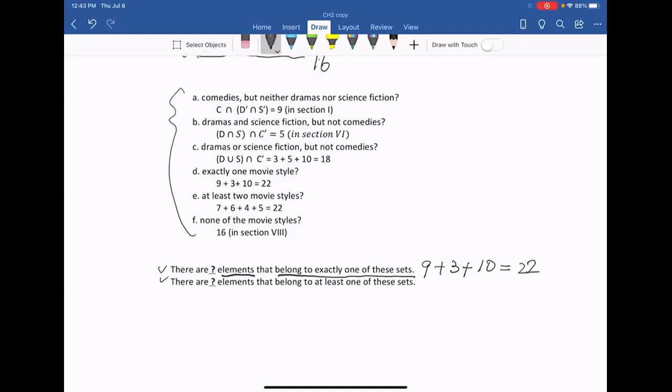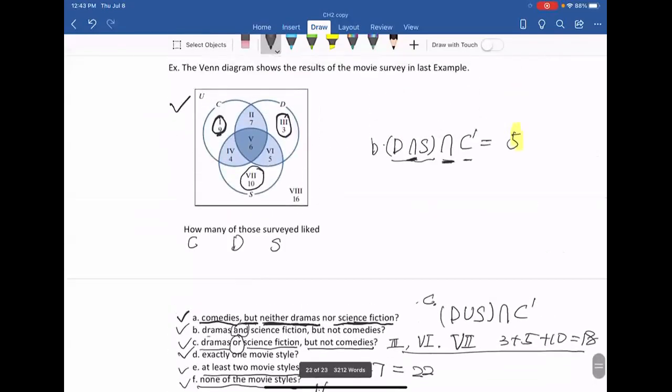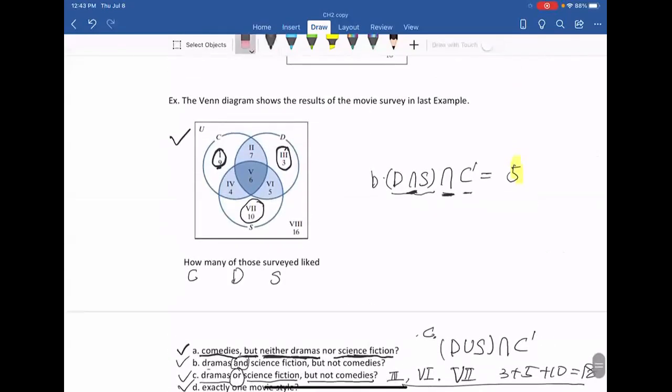Okay, next question. How many elements belong to at least one of these sets? What's the meaning of at least one of these sets?